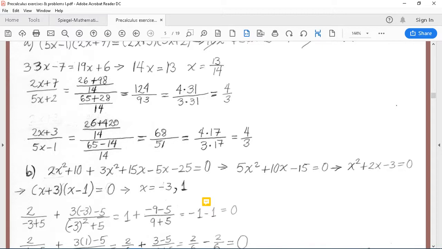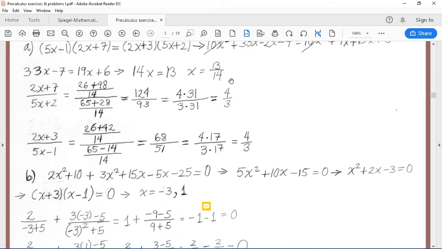We have 26 plus 42 is 68, 65 minus 14 is 51. 68 equals 4 times 17, 51 equals 3 times 17. And the 17s cancel out, and we are left with 4/3. So 4/3 equals 4/3. That means that our solution is correct.